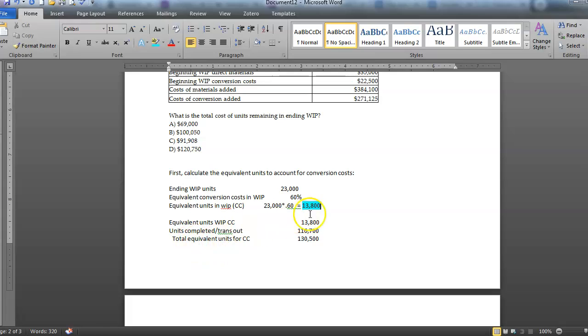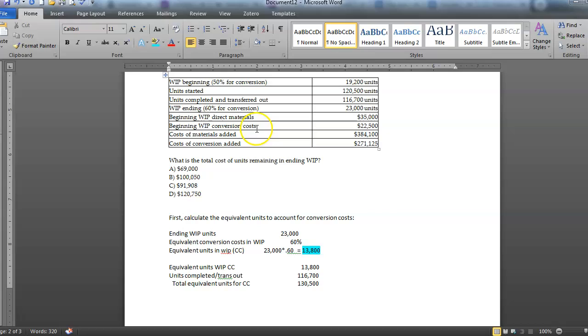So now that we know our equivalent units, we are in a position to determine what are our total units for conversion costs. So if we take the number that we've just calculated, which is our equivalent units for our work in process for conversion costs, which is 13,800, we can go to our spreadsheet here, and it says conversion cost is the ones that completed and transferred out is 116,700 units.